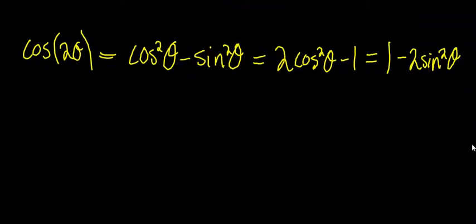Now, as a little advertisement for how we can use this in a calculus course, when you're going over integration, it turns out that it's easier to integrate something that's not squared rather than something that is squared, especially in the context of cosines and sines and trigonometric functions.